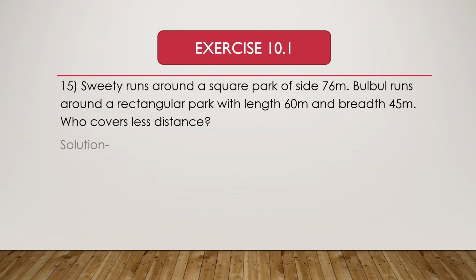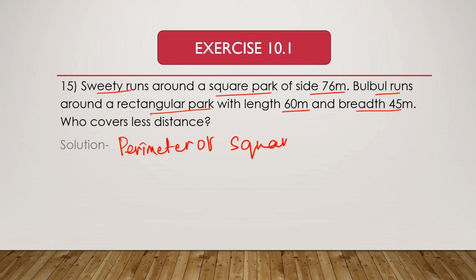Now question number 15. Sweetie runs around a square park of side 76 meter. Bulbul runs around a rectangular park with length 60 meter and breadth 45 meter. Who covers less distance? Perimeter of the square park, that is run by Sweetie.